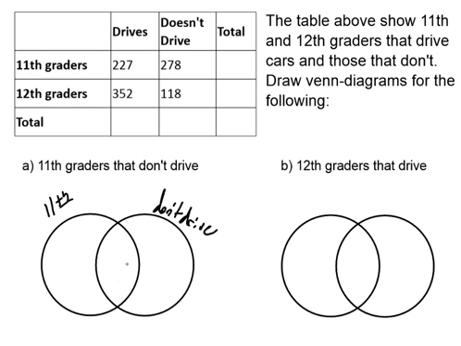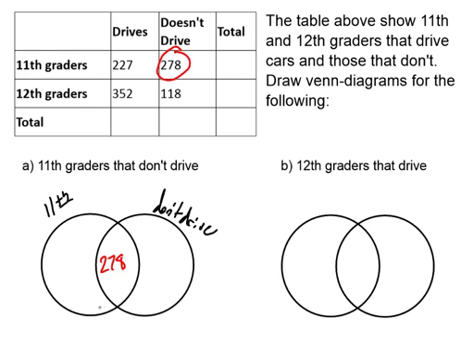So the overlapping space is the space where we have both students that are 11th graders and also don't drive. This is the 278 students that are both 11th graders and don't drive.